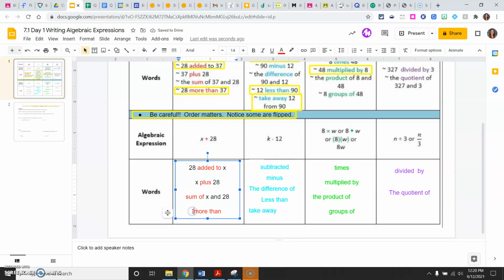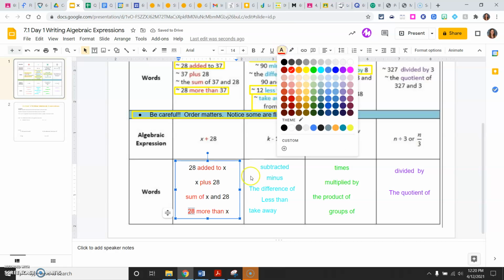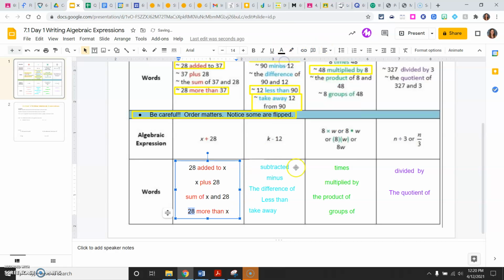This one, 28 more than x. That was a flip-flop word, remember? All right, as we go to the next ones.